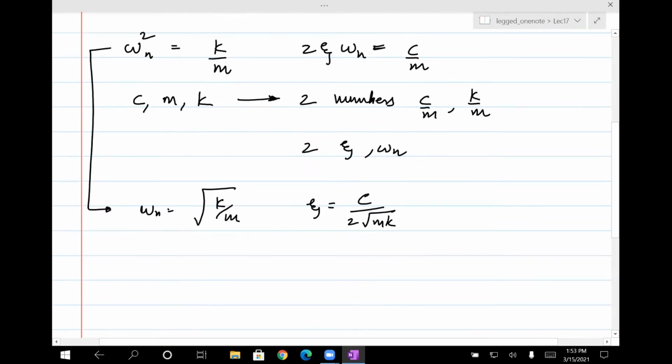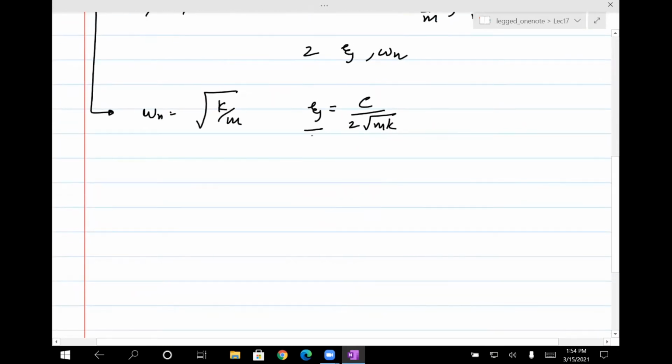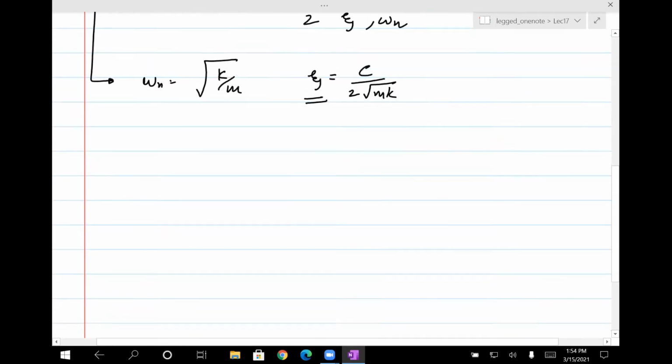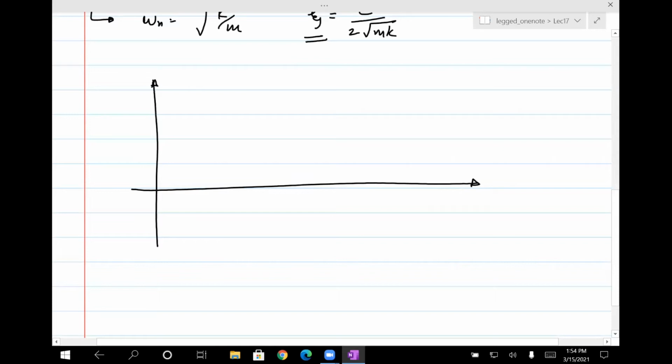Okay. Now, what we can do is we can try to understand the behavior of the system for different damping terms. In fact, there are three regions. Okay, so we take the spring mass damper system, we perturb the system, say to some condition x0, and then let it go. We'll see that there are three distinct responses.